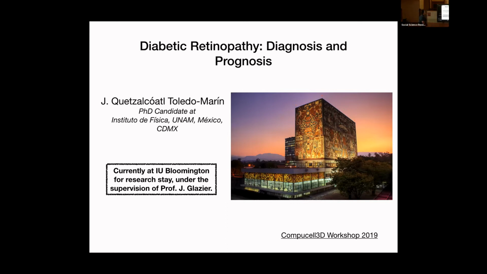So it's working with diabetic retinopathy, diagnosis and prognosis. A little background on that is that diabetes affects the ability of the body to use glucose, resulting in hyperglycemia. You have diabetes type 1 and type 2, and if you have a prolonged high blood glucose level, this damages the blood vessels, and this may then produce blindness.